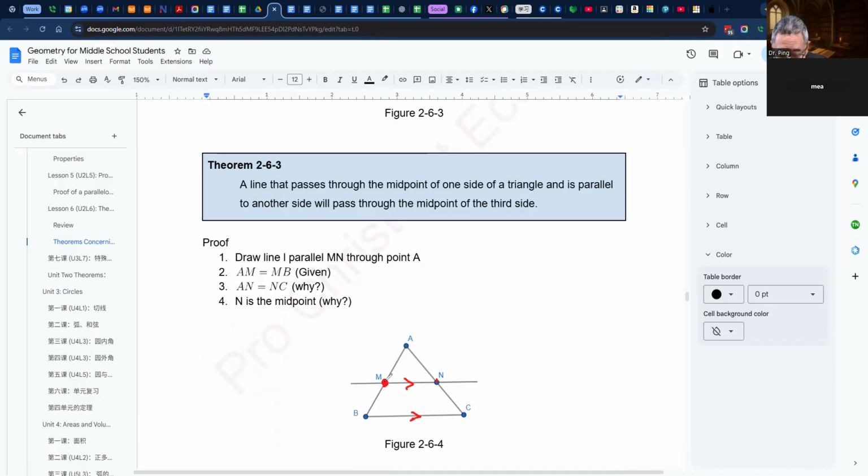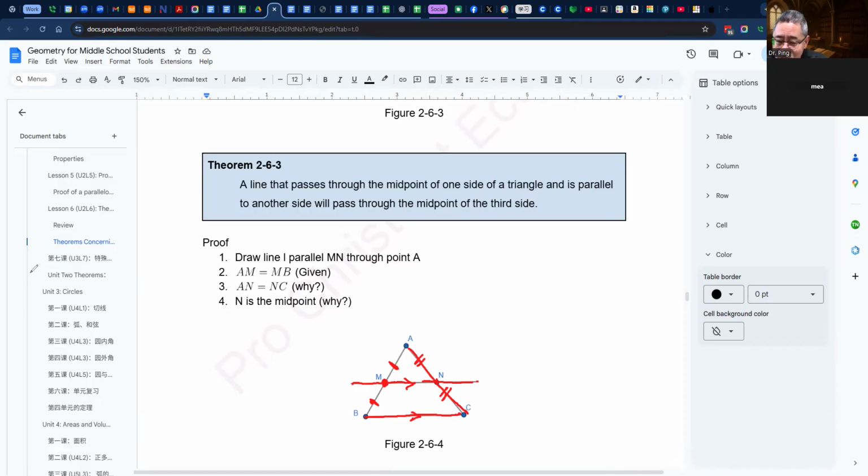As long as this is congruent to this, and this line is parallel to the base here, then it will cut this line into two equal parts, this and this.